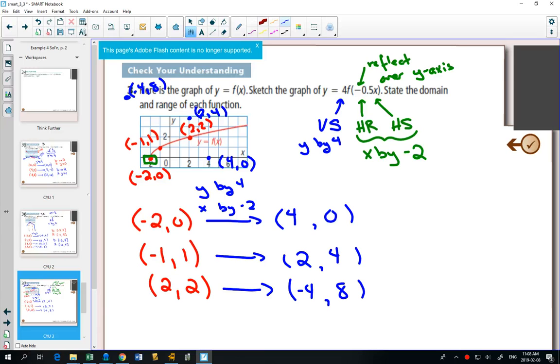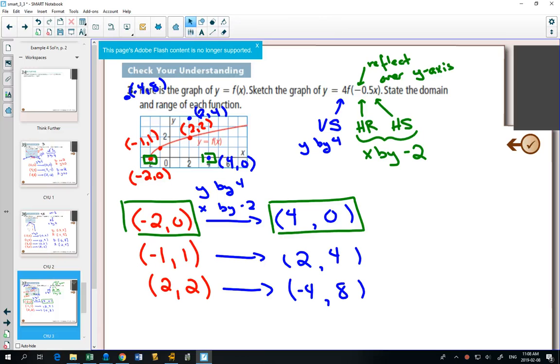That's this point (-2, 0). Where did that point end up? It ended up at (4, 0). So that (4, 0) corresponds to the (-2, 0). That's going to be the starting point for my other graph. And when I now connect my points, draw an arrowhead on the end, because this graph continues on forever as well, that will be the shape of my final graph.